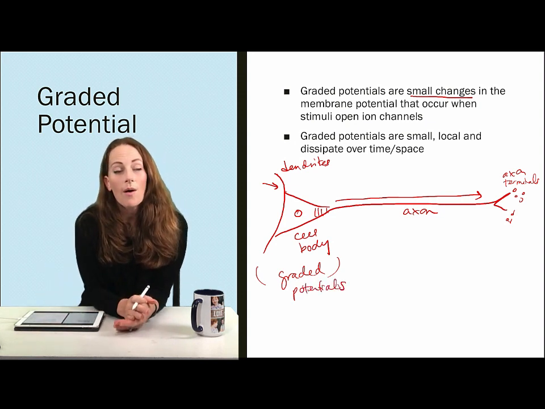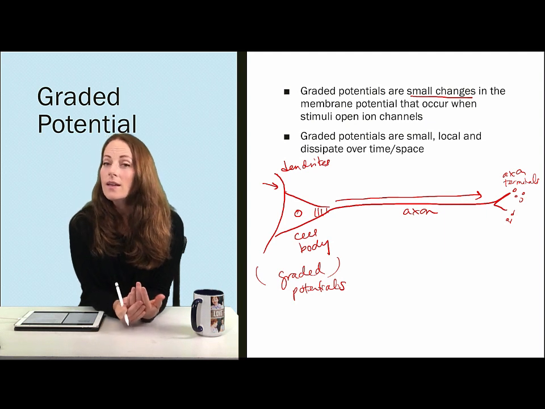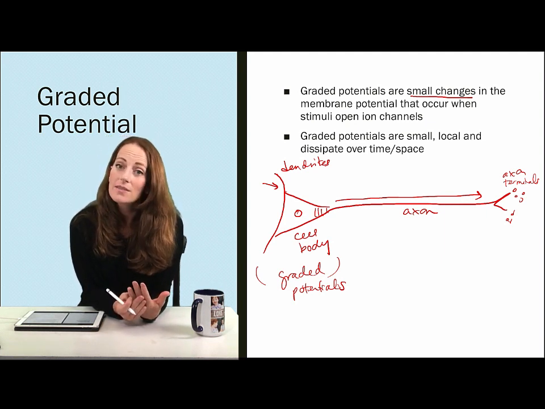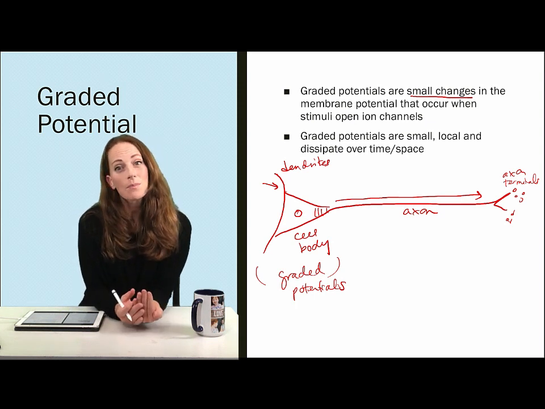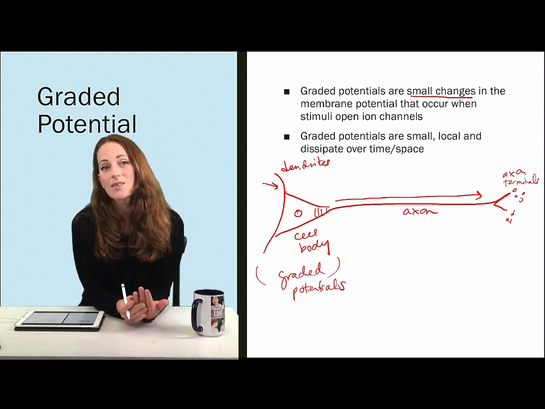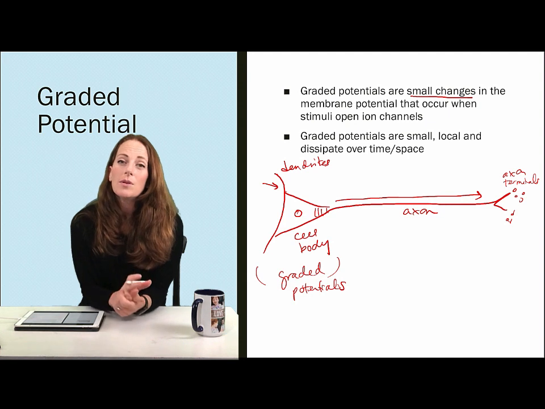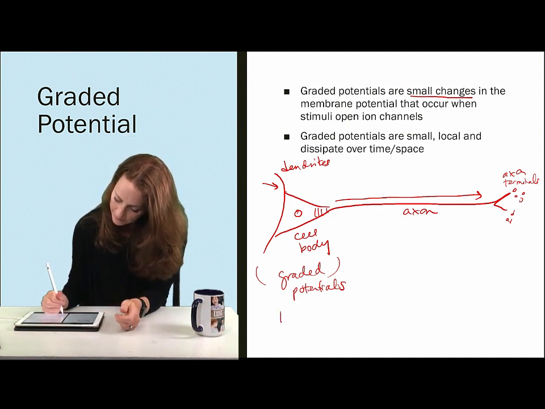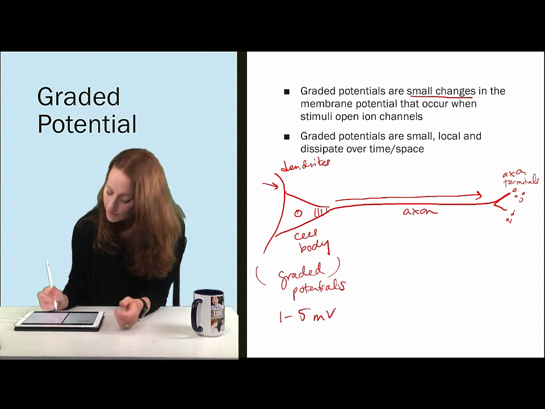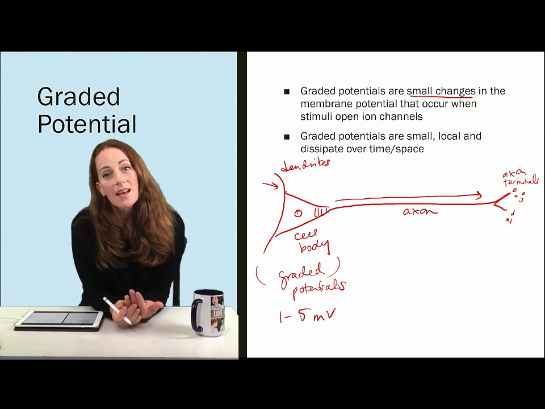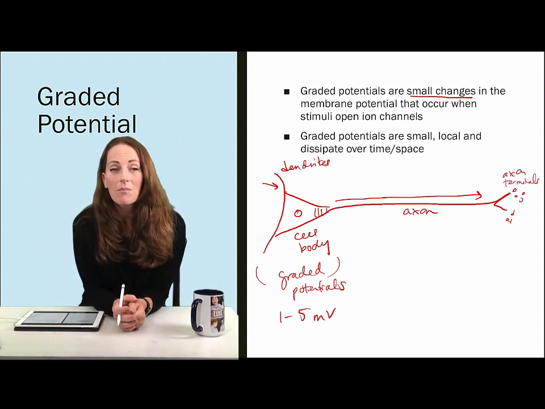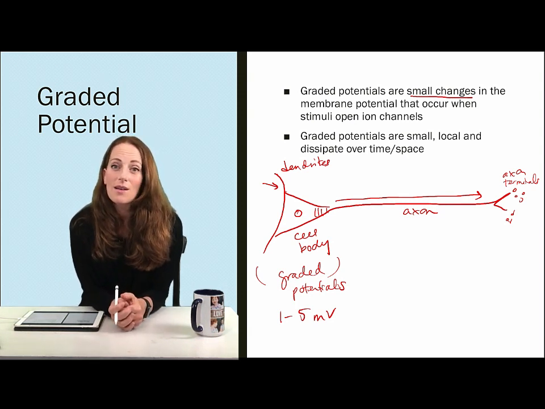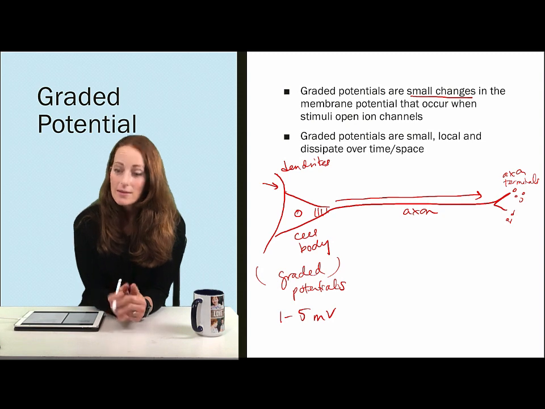They're small, they're local, and they dissipate over time, meaning that they don't last very long. When I say small, you can think of graded potentials as being somewhere between 1 and 5 millivolts. Although again, that can vary based on the cell and based on the input. So these are small stimuli at the dendrites and cell bodies of these excitable cells.